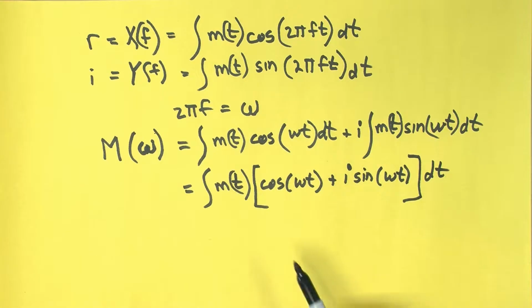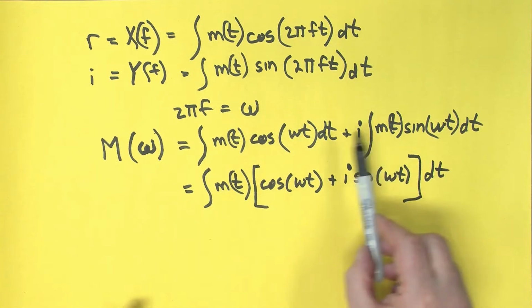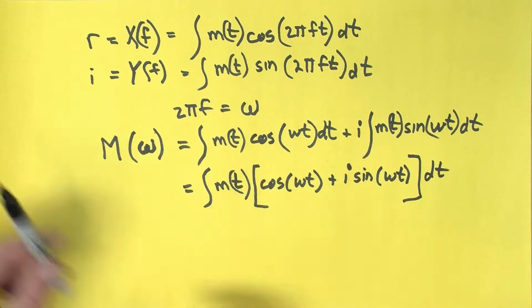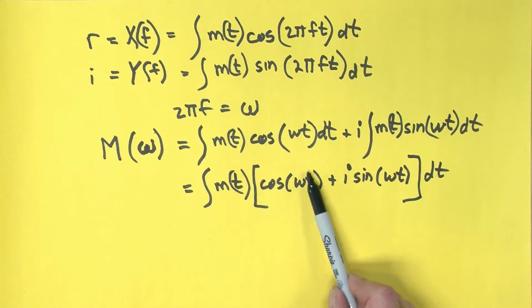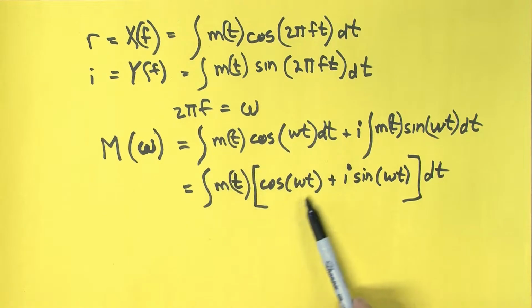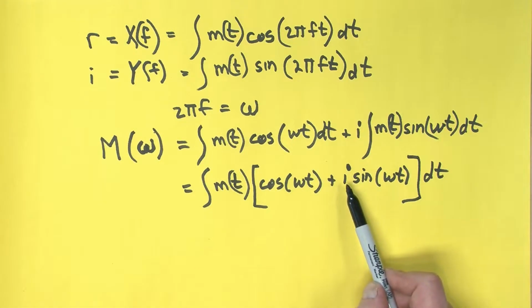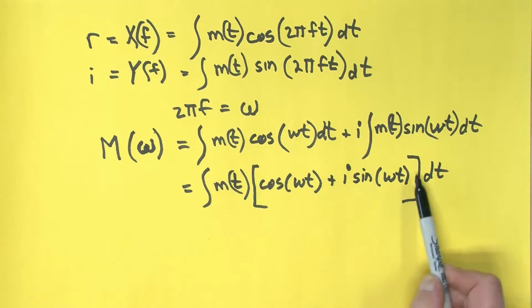What this really results in is exactly the same as up here. We get our x value in the real part of the result, and we get the y value now as the imaginary part of the result.